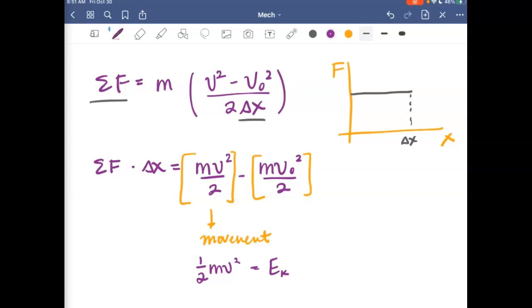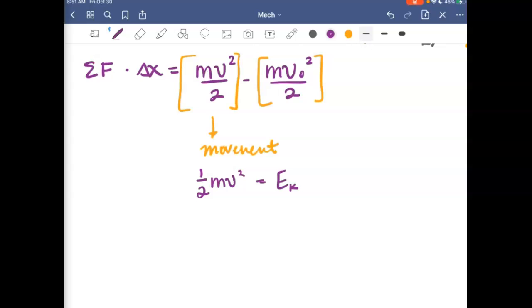So that means that the work, pardon me, I just blew it there. The net force times the change in position would be equal to this kinetic energy minus the initial kinetic energy. If I have an initial velocity, I'll call that an initial kinetic energy.